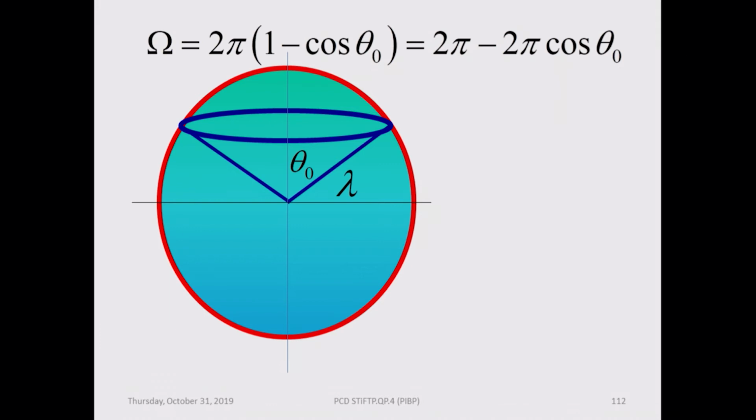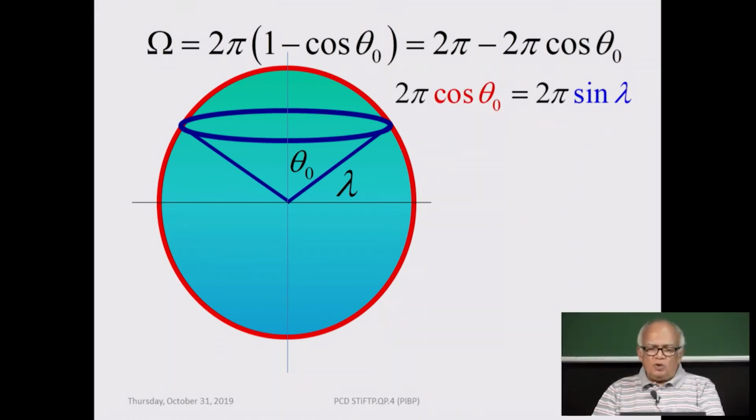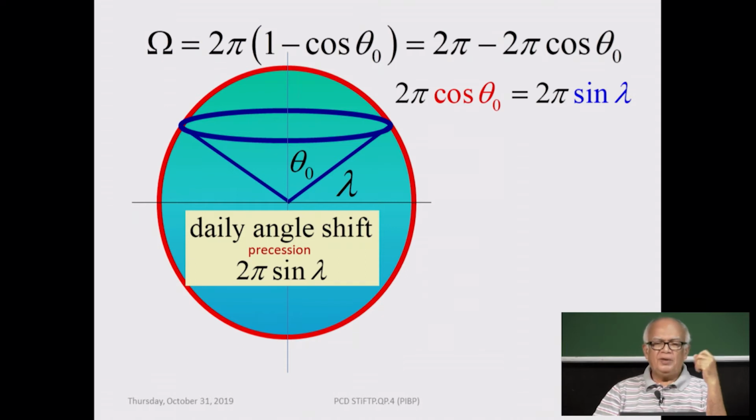So, what it means is that cosine theta 0 is the same as sine of the latitude, because latitude is measured from the equator and not from the north pole. That is the only difference, but otherwise you have essentially the same angle. And you see that the daily shift, which is 2 pi cosine theta 0, which is equal to 2 pi sine of lambda, it depends on lambda.